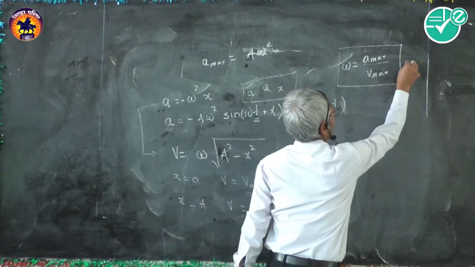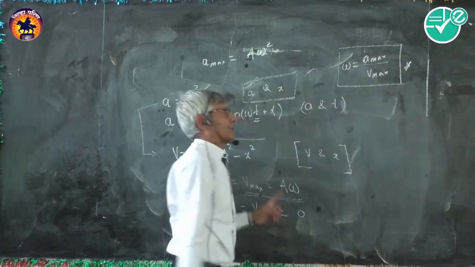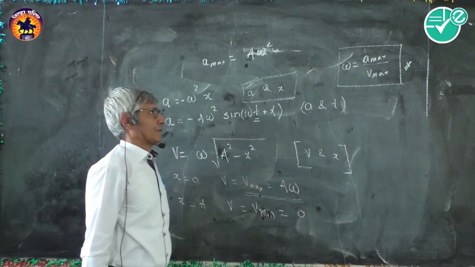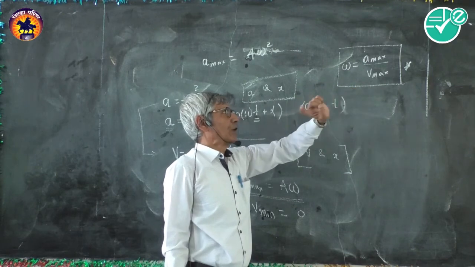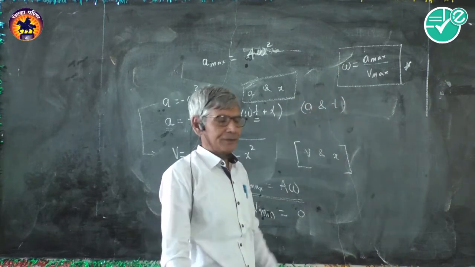So this is another expression for omega in terms of the maximum value of the linear acceleration and the maximum value of the velocity. This is the MCQ point.